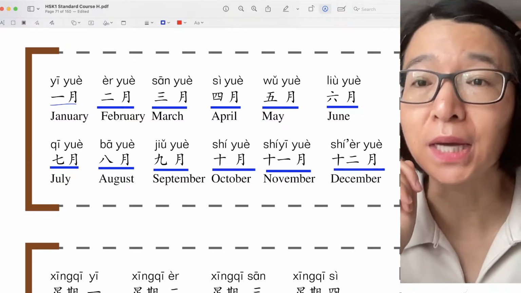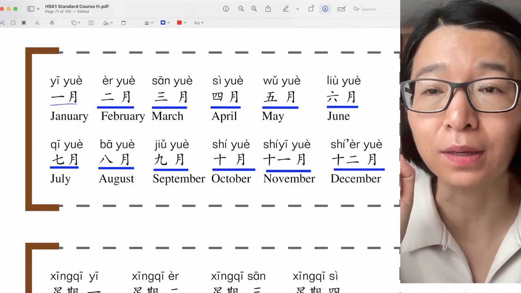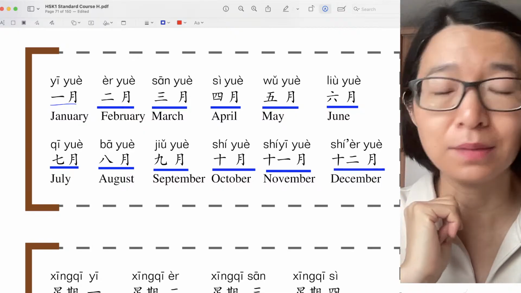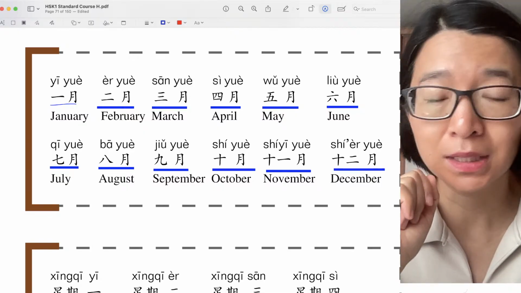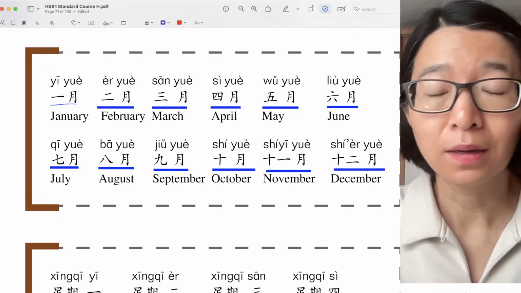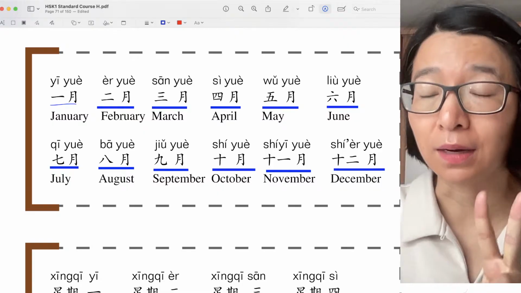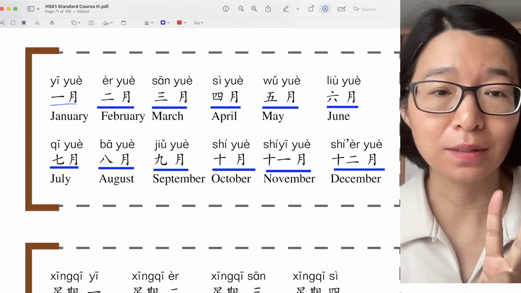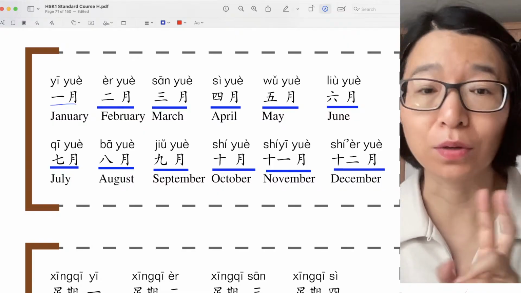So when Chinese people say 1月, basically it means first month. So that is January. And then we just say 2月. Yeah, 2 means two, second month. So 2月.